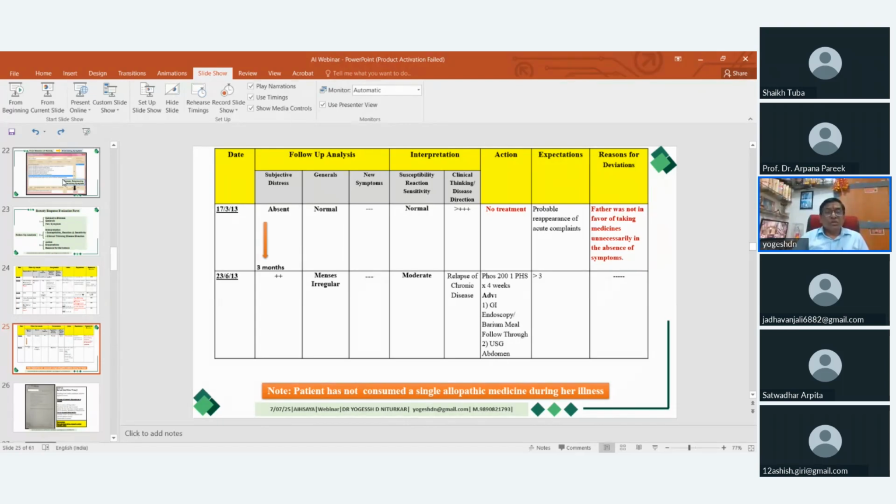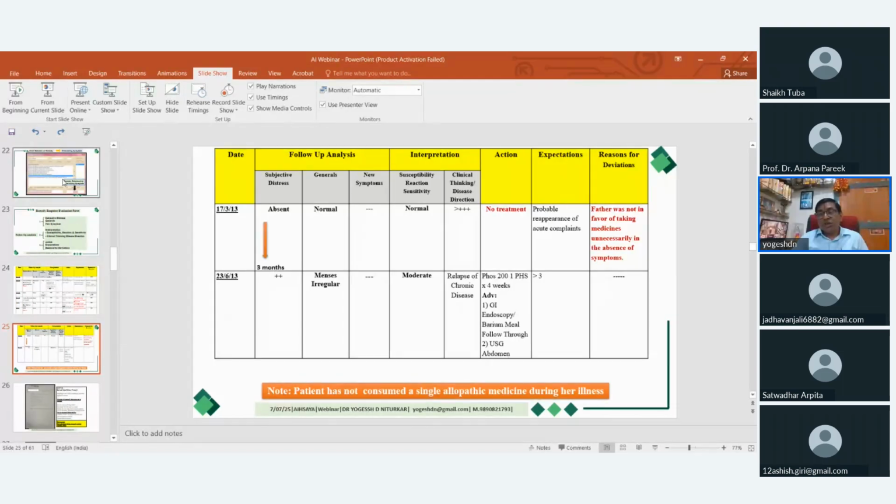No subjective distress, generals were normal, there were no new symptoms, susceptibility reaction normal, no complaints, clinical thinking, disease direction, everything has now ameliorated. Action that I had taken was no treatment.